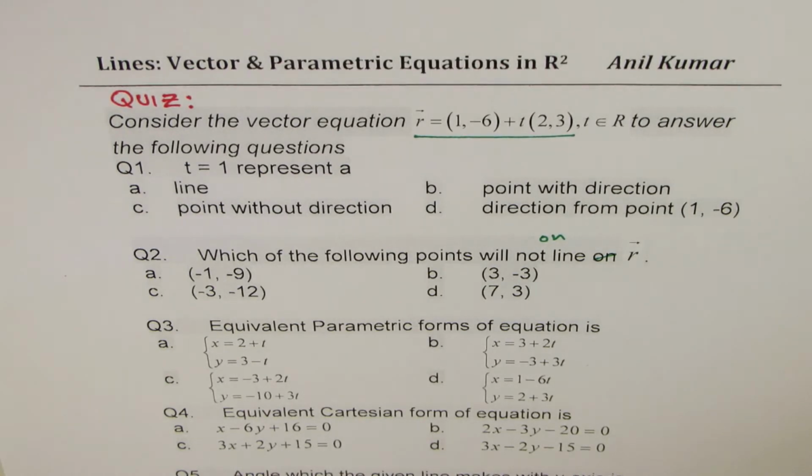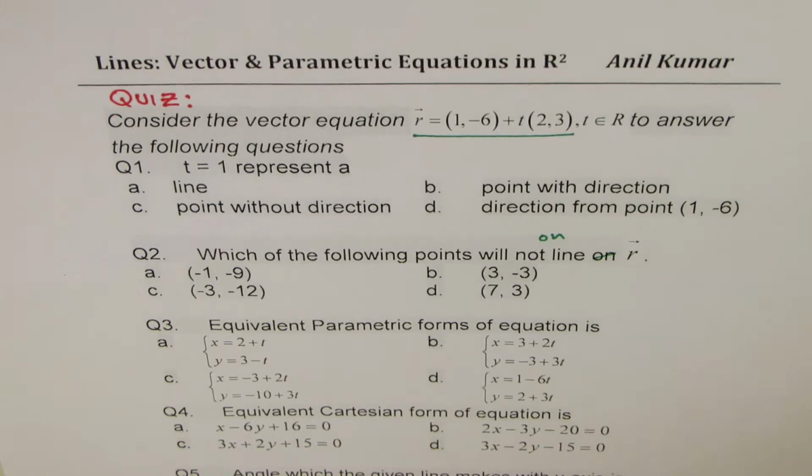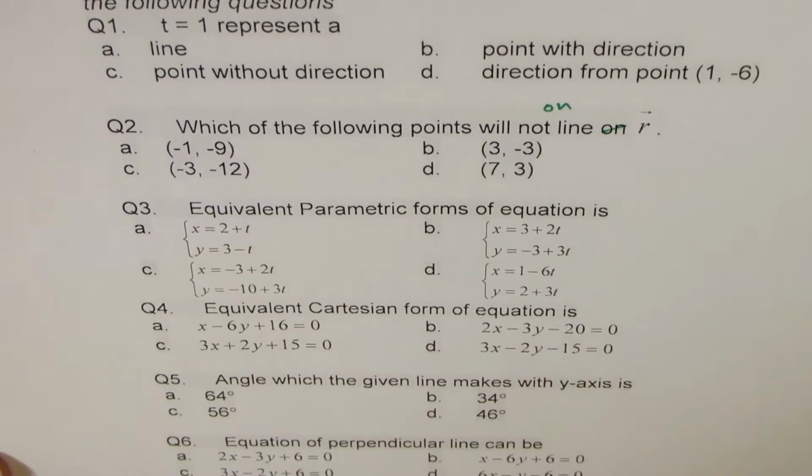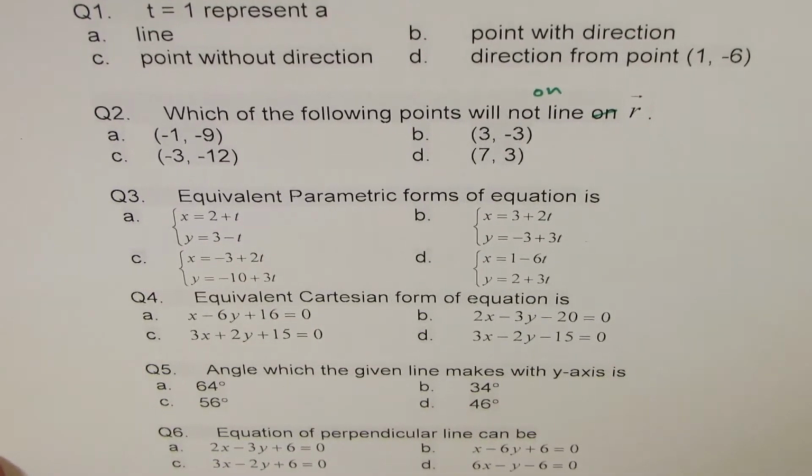Question 3. Equivalent parametric form of the equation is, select the one which is correct. Let me just push this page a bit here to read out the rest of the questions to you. Question number 4. Equivalent Cartesian form of the equation is.